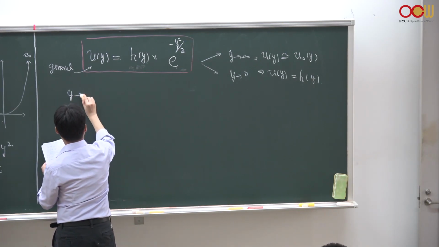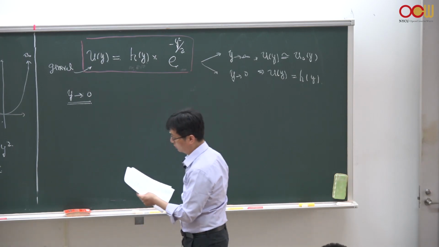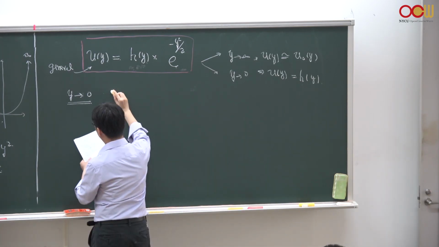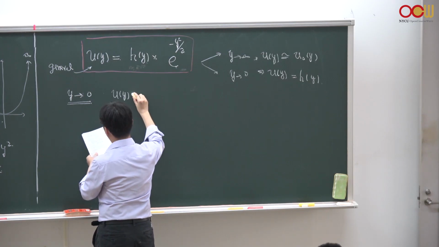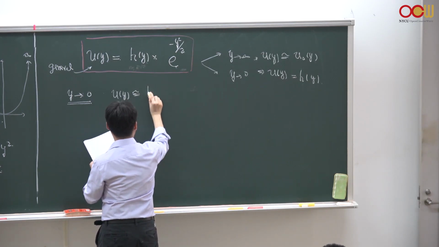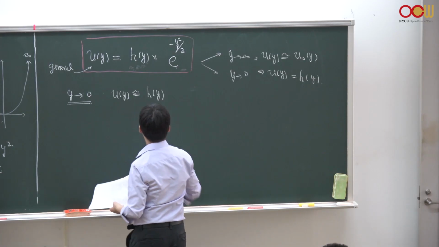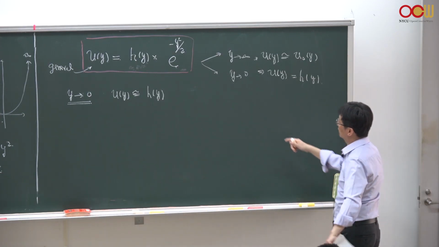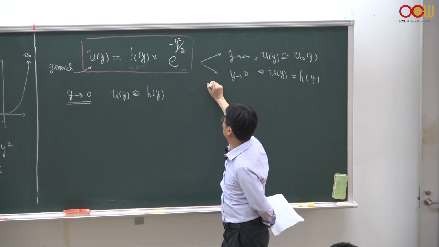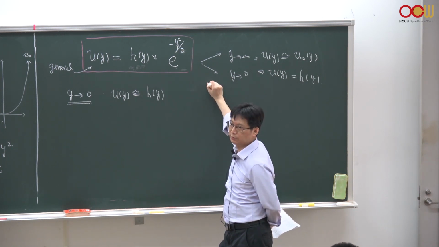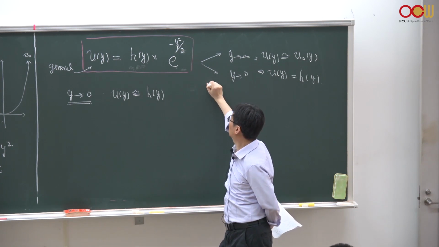So if you are in this limit when y goes to 0, and assuming that this u of y is approximately given by this h function, which makes sense because when y goes to 0, this exponential function e to the minus y squared over 2 is simply just 1, because e to the minus 0 is 1.